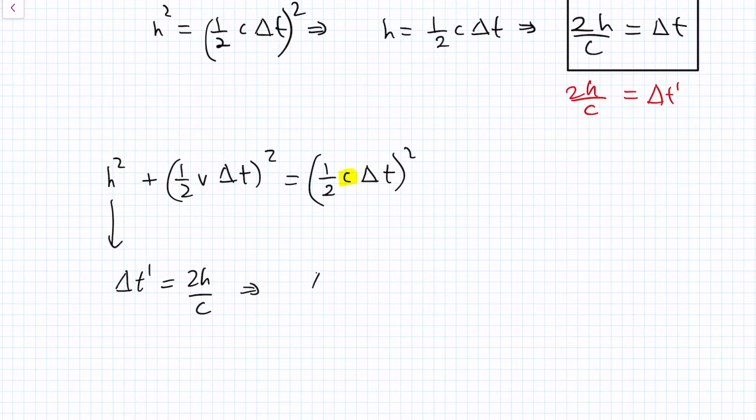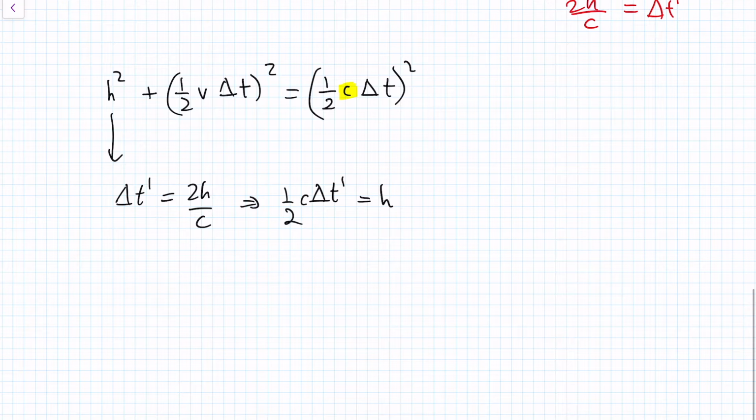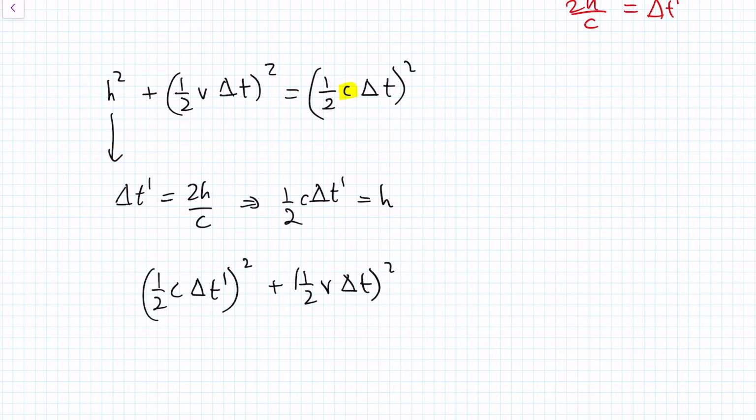That implies Δt' times c times a half is equal to h. If we plug that in, we have (1/2 c Δt') squared, that's h squared, plus (1/2 v Δt) squared is equal to (1/2 c Δt) squared, right?